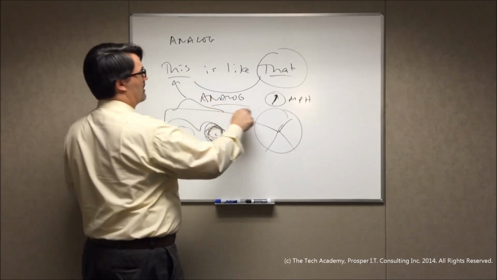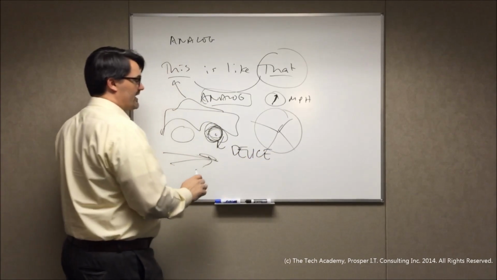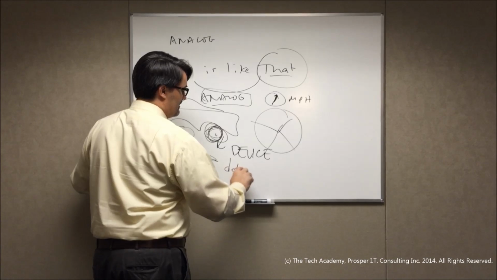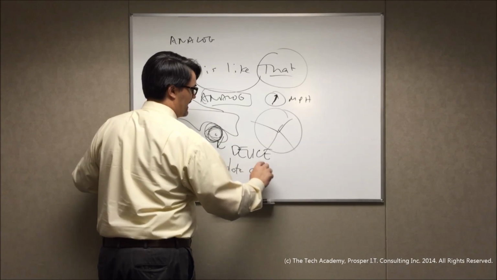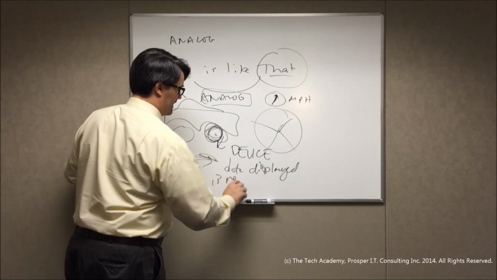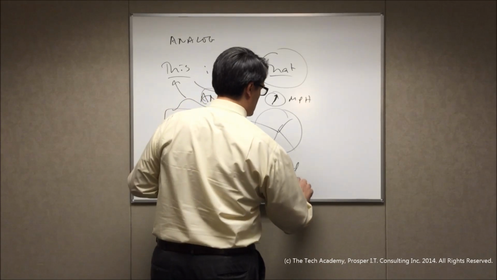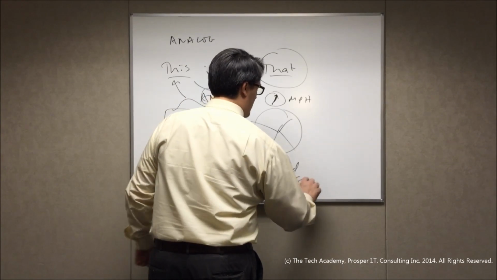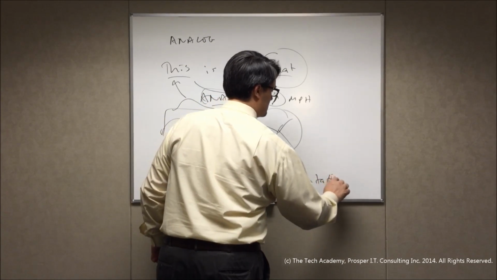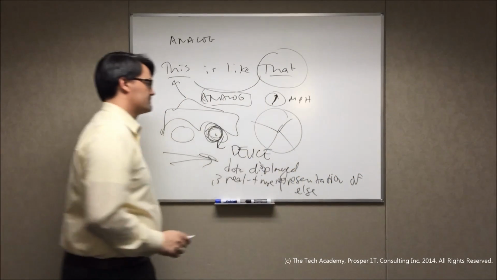Specifically, what an analog is in terms of devices is a device where the data displayed is a real-time representation of something else.